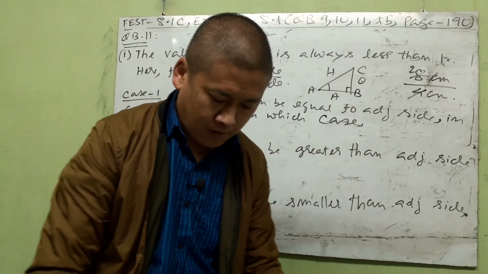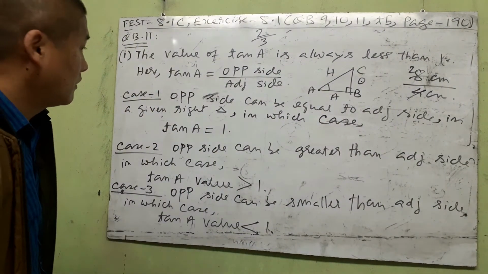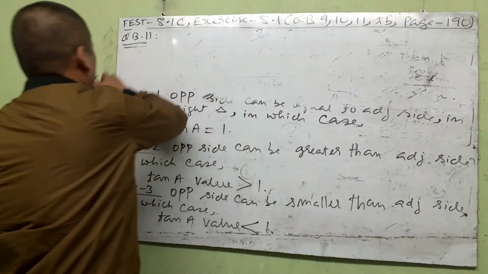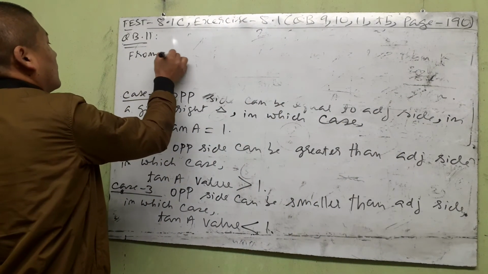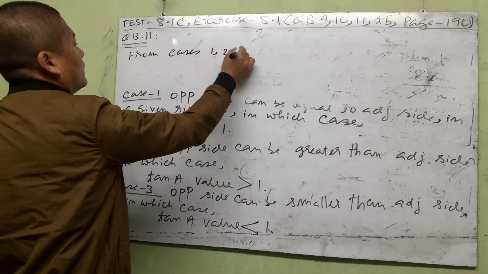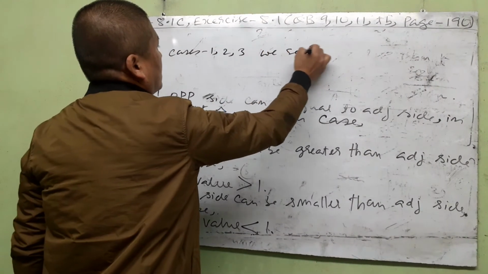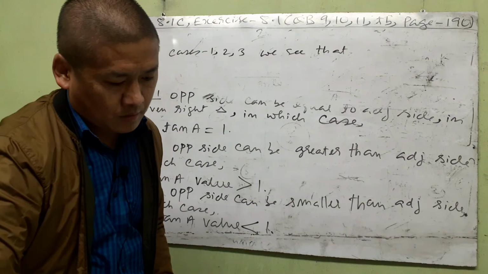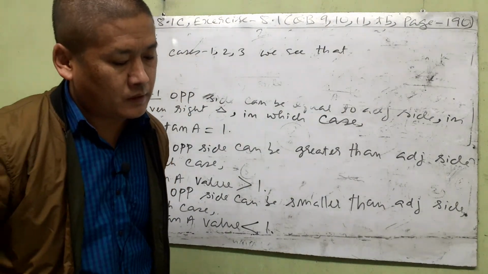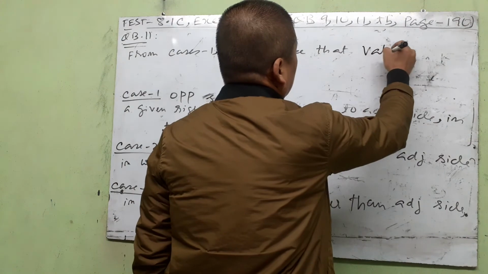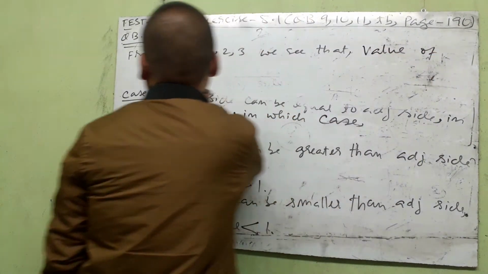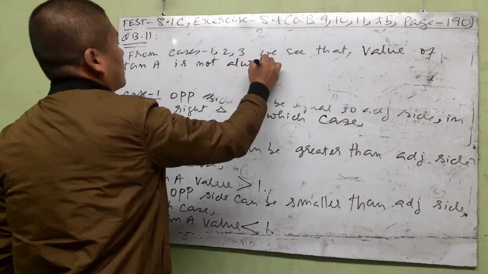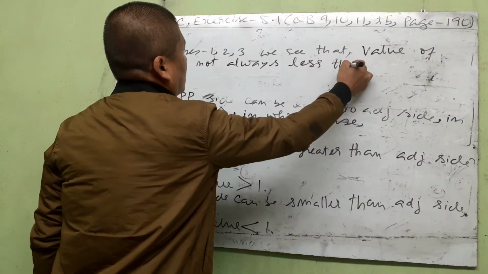So we can write the answer here: from cases 1, 2, and 3, we see that the value of tan A is not always less than 1.